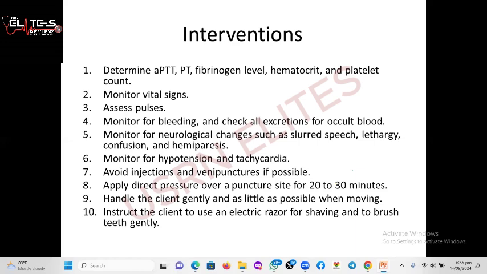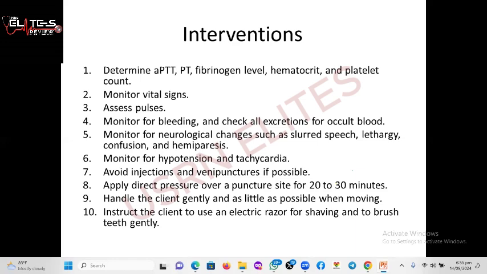Then injections, you need to be very careful with injections. And if you give any injection, apply direct pressure over a punctured site for about 20 to 30 minutes, especially after venipunctures, okay? Or if there is any form of injury, in order to help with occlusion of the vessel, you apply direct pressure over the affected area to help stop bleeding.